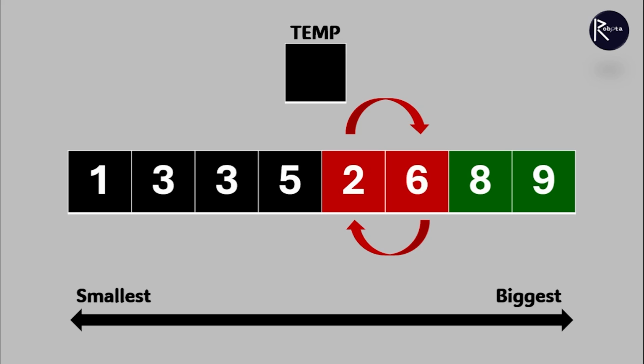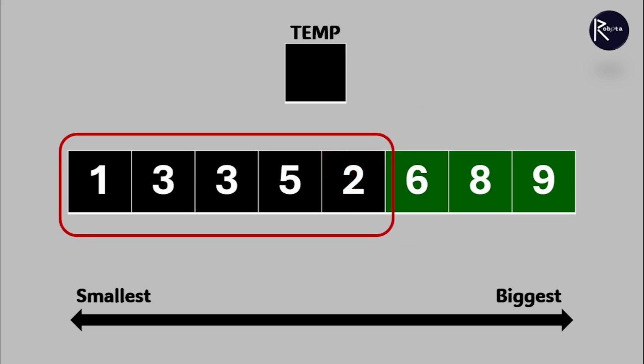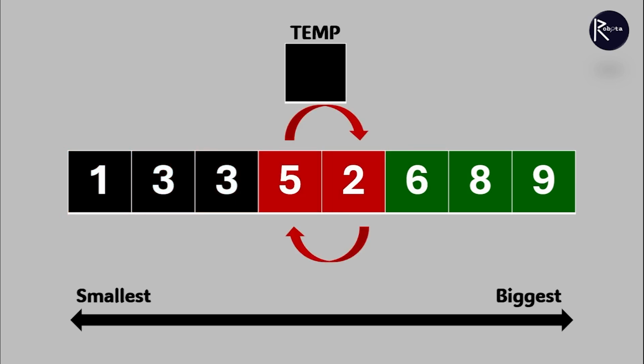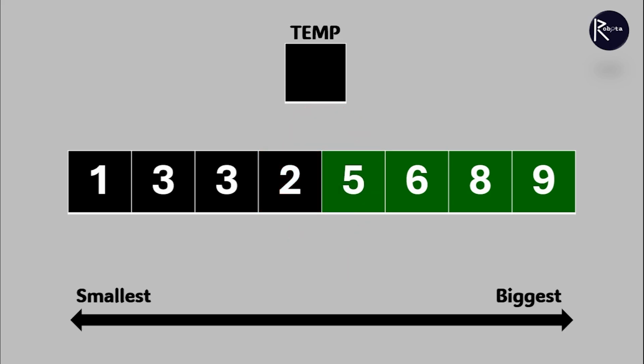At the end, we can see in each iteration the biggest value of each sublist came to the end of each sublist and they become green. That means meanwhile our list becomes sorted.